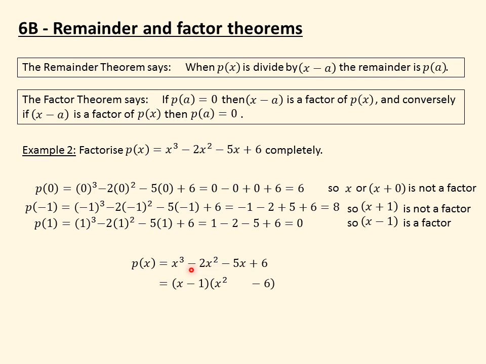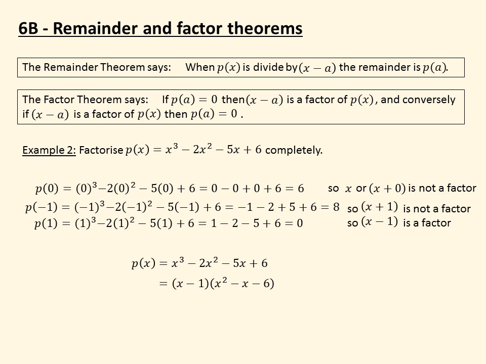Let's look at the x squared term. The x squared term comes from minus 1 times x squared, so that's minus x squared. So the other x squared term, we need another minus 1x squared. So x times minus x gives us another minus x squared that we need.